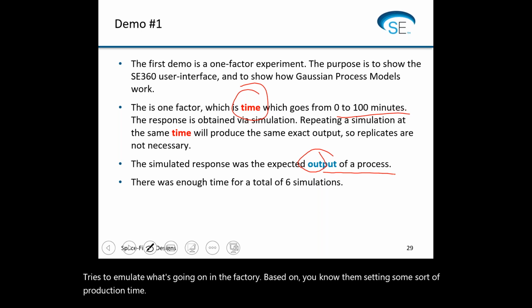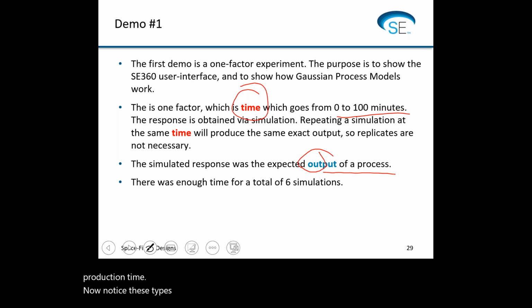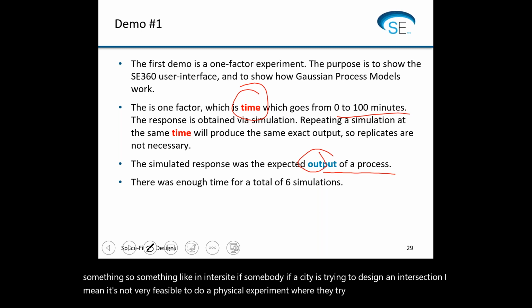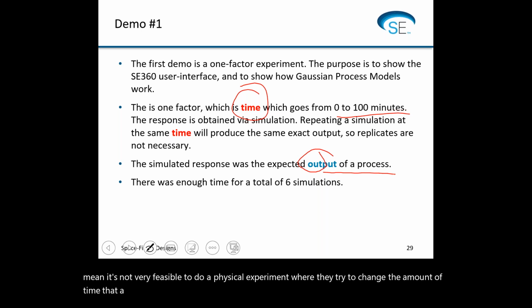Now notice, these types of simulations are very common when people are trying to design something. Something like an intersection: if a city is trying to design an intersection, it's not very feasible to do a physical experiment where they change the amount of time that a stoplight is yellow and then see how many crashes they get a day.